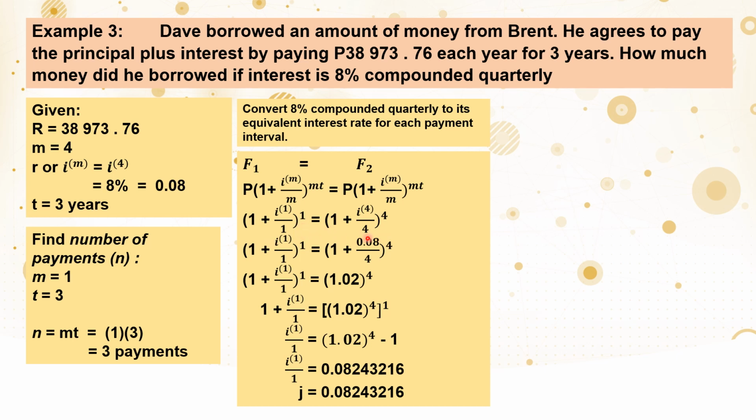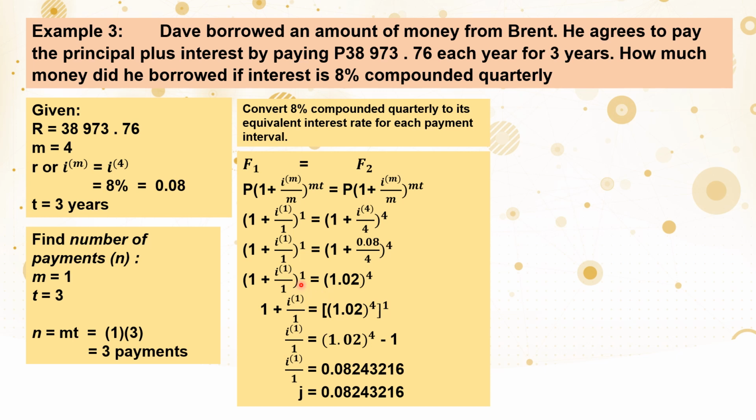Now, simplifying this, I sub 4 now is equal to 0.08 over 4. Just copy this one on the left side. So, simplifying 1 plus 0.08 over 4 is equal to 1.02 raised to 4.